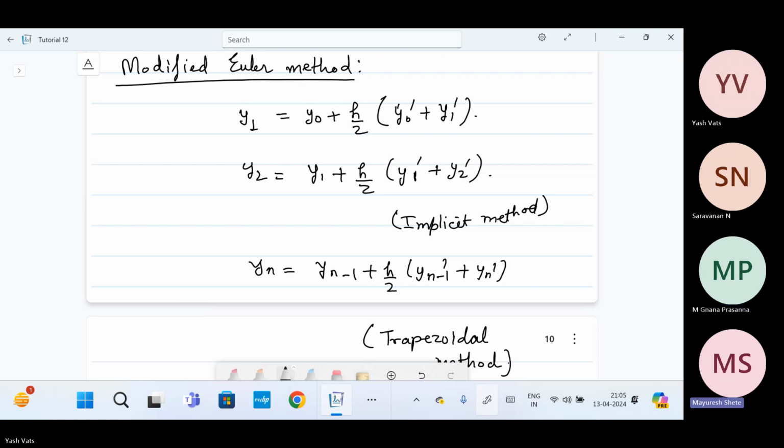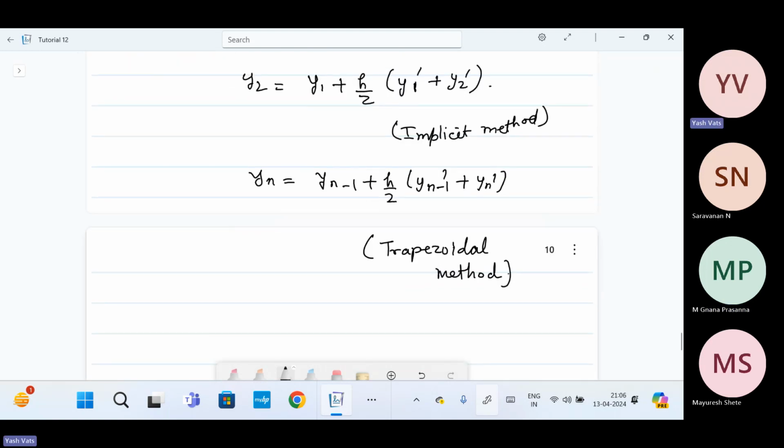How can it be order 1? No, the local error is order of h cube, right? And what is global? Global is 2.